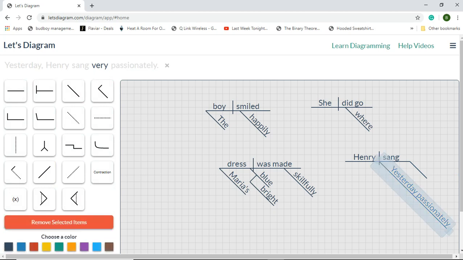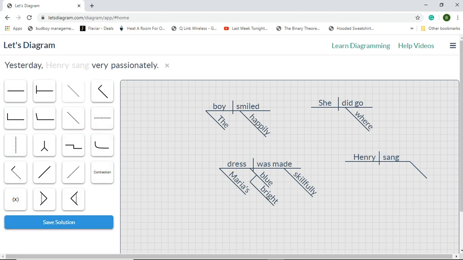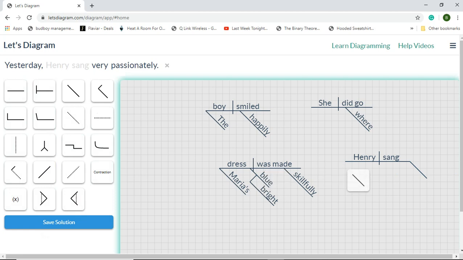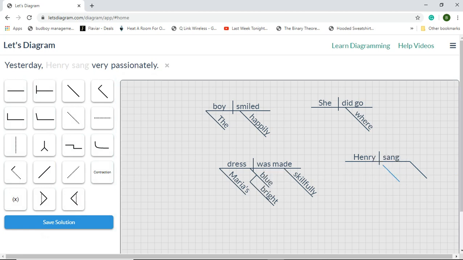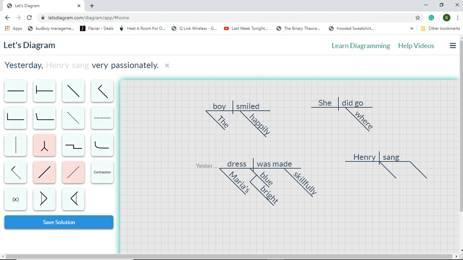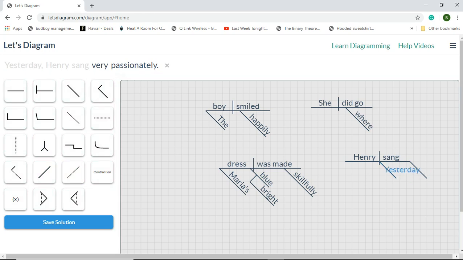And I'm going to have to put those back again. Sorry about that. So when did he sing? He sang yesterday. Oh, Lord.